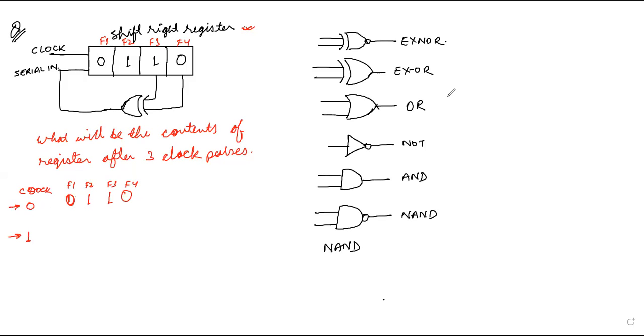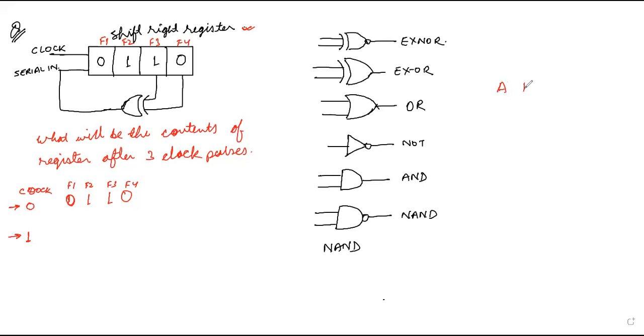For telling the output of this particular shift register, firstly you should know the truth table of the XOR gate.